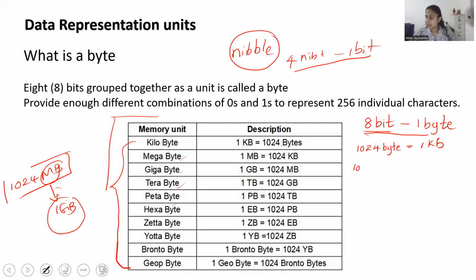And 1024 kilobytes we can consider as 1 megabyte, and 1024 megabytes we can consider as 1 gigabyte. 1024 gigabytes we can consider as 1 terabyte.